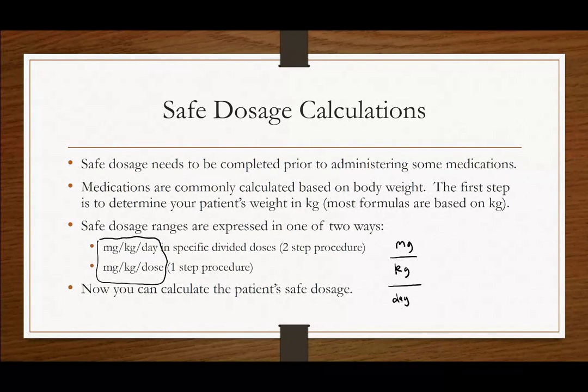If I were to put some numbers to it, we might say that we have 1 milligram per 2 kilograms per 3 days, let's say. A function of how fraction division works means that we can actually rewrite this as the product of 1 milligram per 2 kilograms times the reciprocal 1 over 3 days.